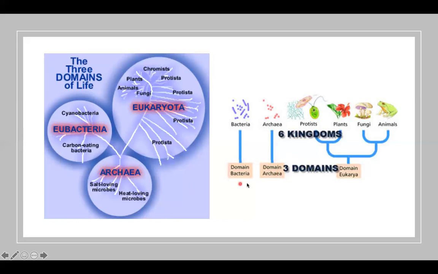And then our bacteria are prokaryotes, which we have studied. So these are our typical bacteria. In our archaea, we are likely to find our extremophiles, so the microorganisms that live in really hot conditions or in sulfurous conditions or in very salty conditions. Those are our archaea.